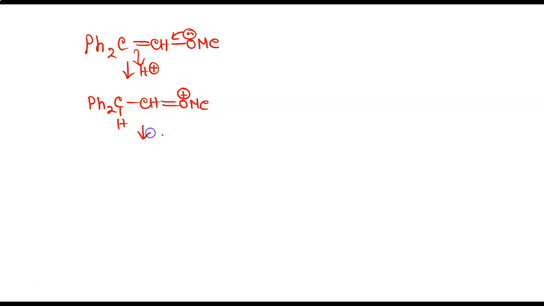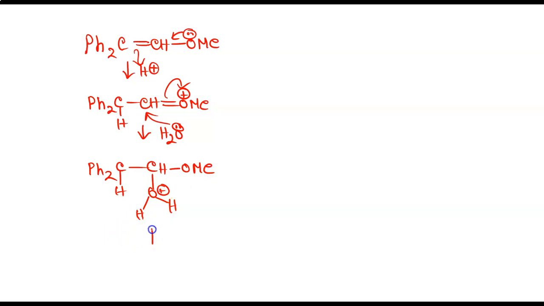In the next step, water will attack here. Oxygen will be neutral again. Ph2CH CH. Now the oxygen of water is positively charged. There is proton exchange. So this hydrogen moves towards this, basically the direction of the arrow, it will not be like this.